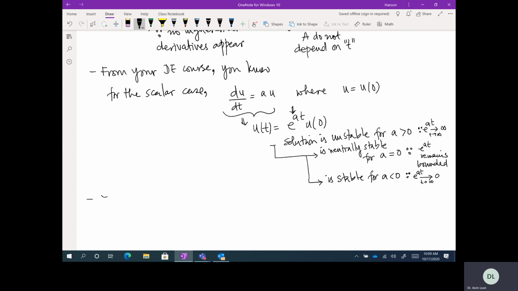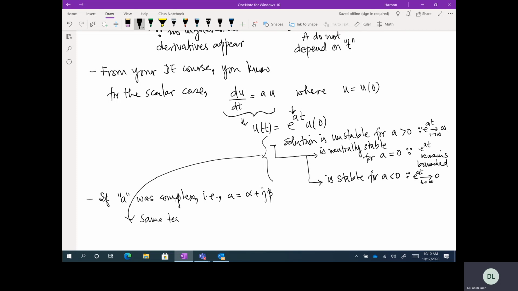So if a was complex, that is, a is some alpha plus j beta, then the same tests apply to the real part of a.